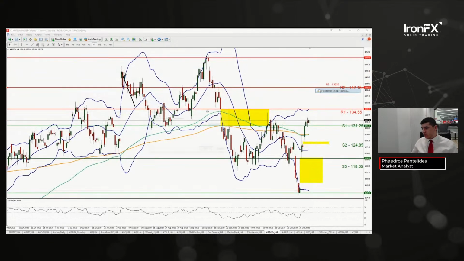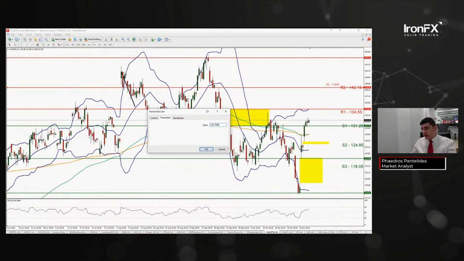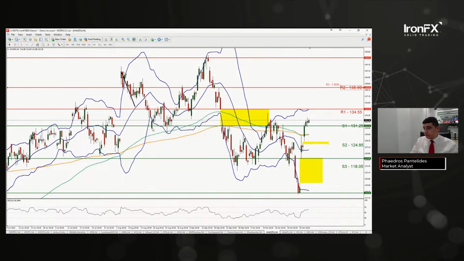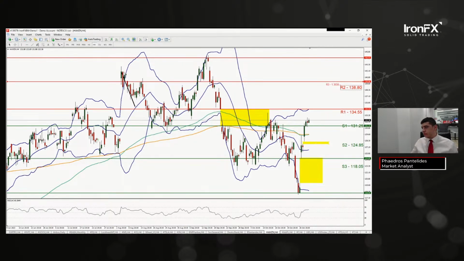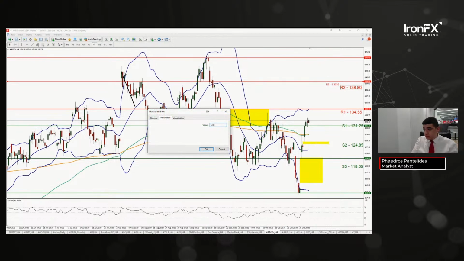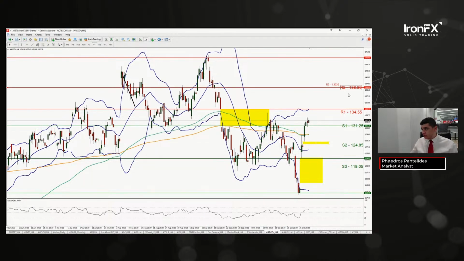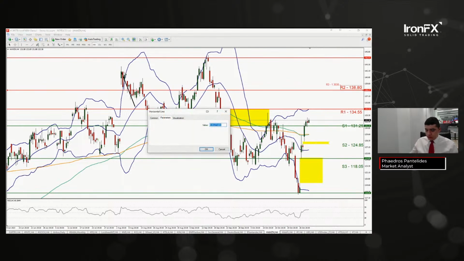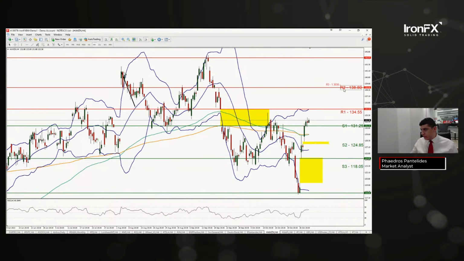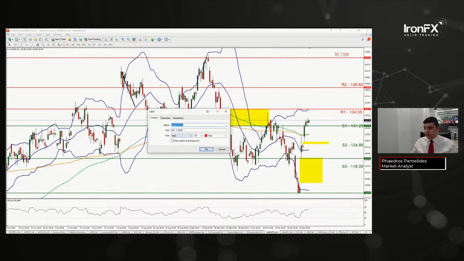It's a bit close, but nonetheless could still be considered valid. 138.80. And then 144.65 for our resistance level at R3.